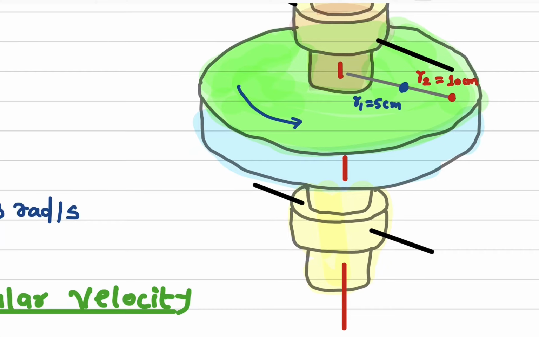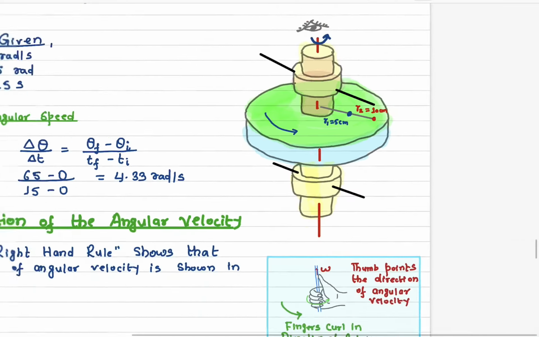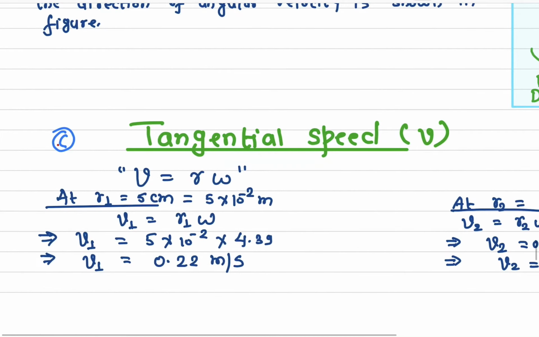So this will be the direction of the tangential velocity. And how do I calculate the magnitude? There is a formula for that. The tangential speed, here I'm calling it speed because we are not concerned about the direction, is simply equal to r times omega.